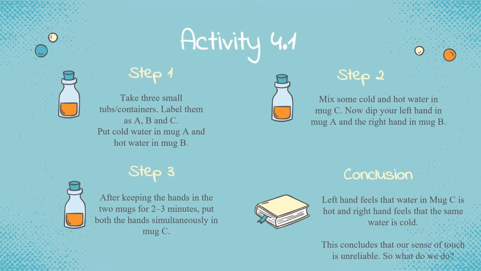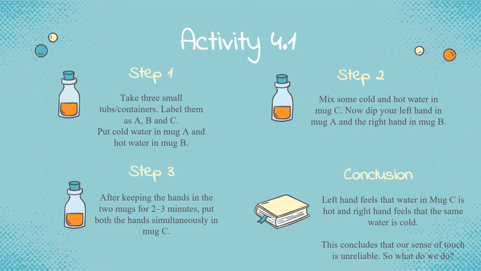The left hand feels that water in mug C is hot, and the right hand that's feeling the same water in mug C thinks that the water is cold. So this concludes that our sense of touch is actually not that reliable. It's actually pretty unreliable.